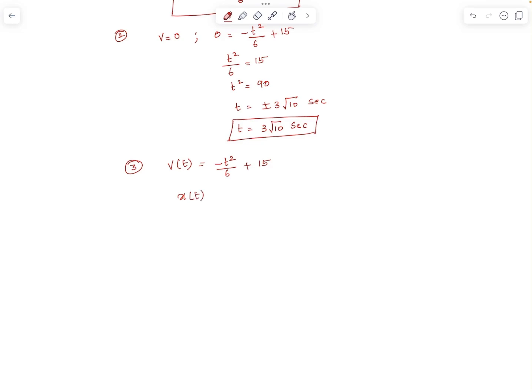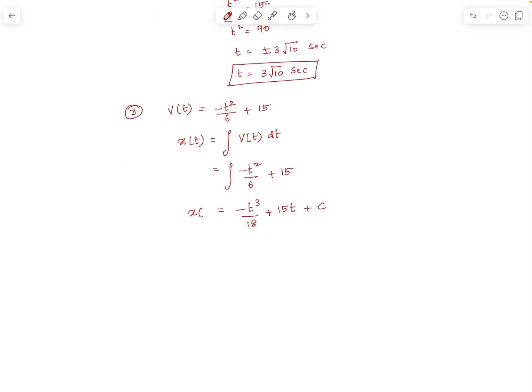X of t is integral v of t dt, which is integral minus t square by 6 plus 15, which gives minus t cube by 18 plus 15t plus the arbitrary constant.